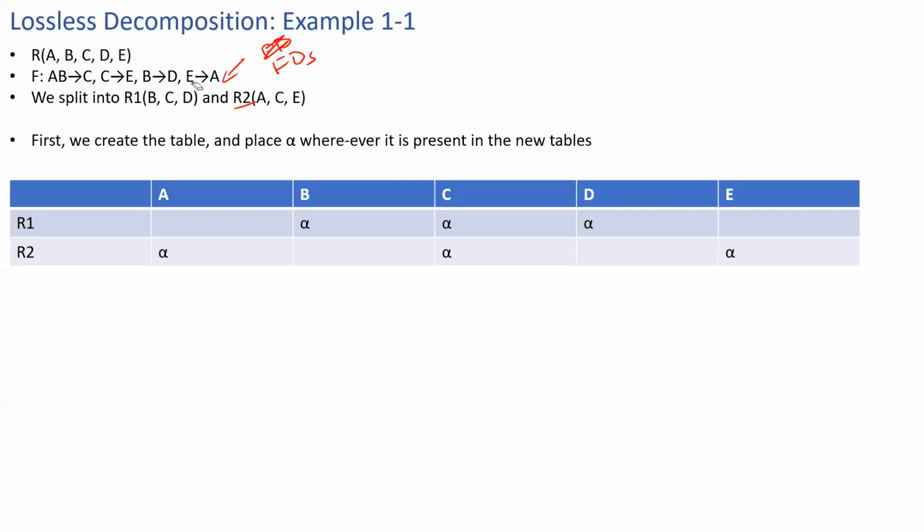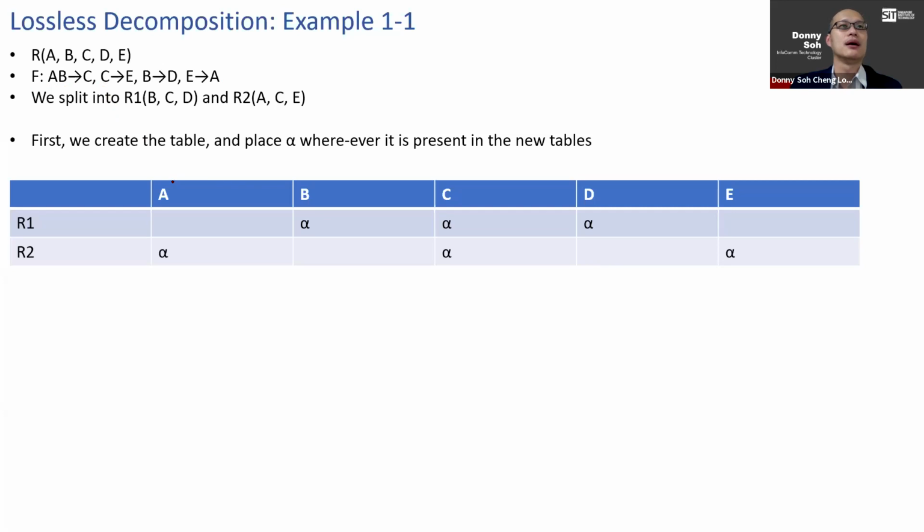So let's look at AB implies C. On my left hand side is AB. The rule is the following. On the left hand side, I must find two or more rows that have the distinguished variable.